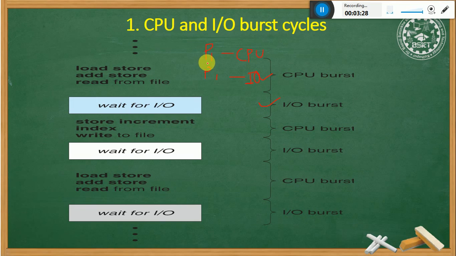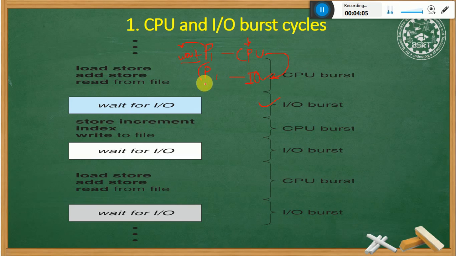P1 is in the ready queue, and when the CPU is free, the dispatcher will dispatch P1 to the CPU for execution. The part of the program related to the CPU is executed, and then for the IO operation P1 is taken out of the running state and put into the waiting state, because IO devices are slow in speed or the IO device may be busy executing another process.